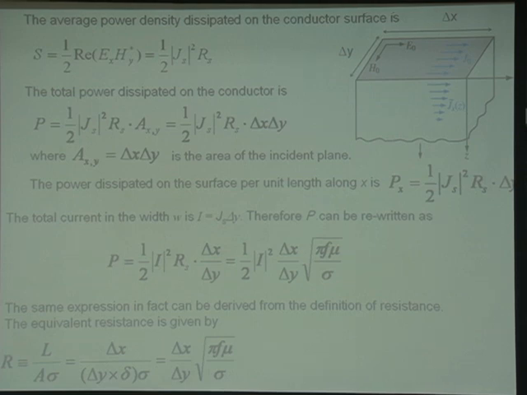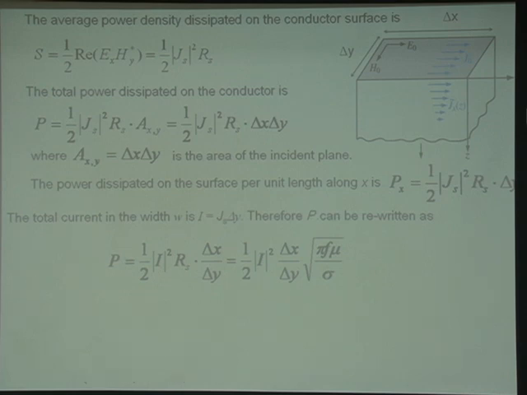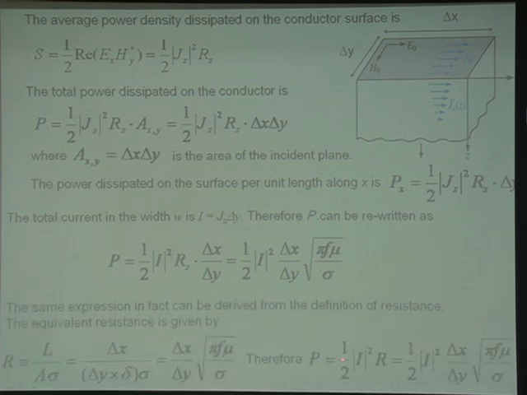Well, you are familiar with R equal to L over A sigma. This is not in your textbook. You know this R is L over A sigma, and you also know this power can be calculated as 1/2 I squared times R.